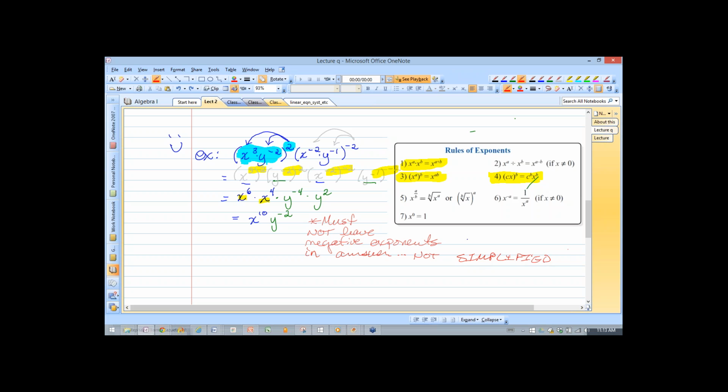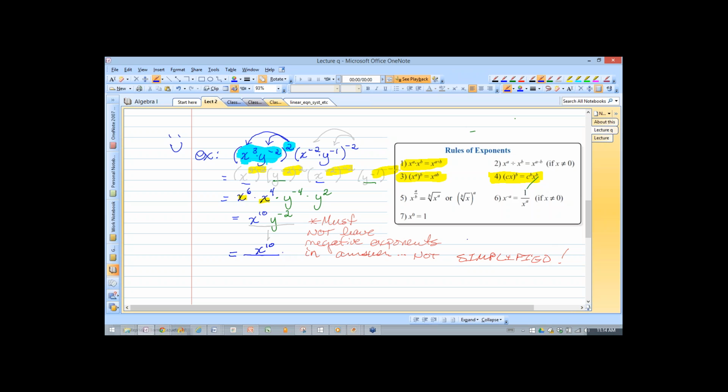So what do we have to do here? We have to make that negative exponent positive by crossing the fraction bar. Remember that you don't see a fraction bar here, but it's there. We want to remember that this is over 1. If the exponent is positive already, we leave it where it is.